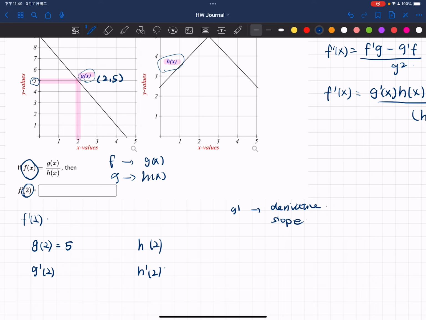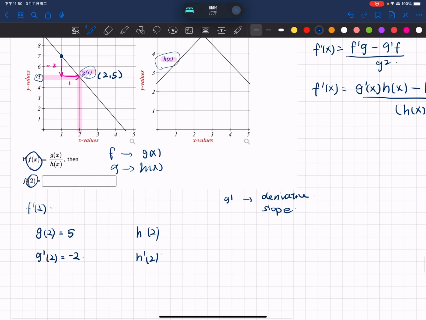From here we can utilize the previous point. As we can see, it's going down 2 and going right 1, so it's going to be negative 2. So right here, g prime is negative 2, which is quite simple, right?